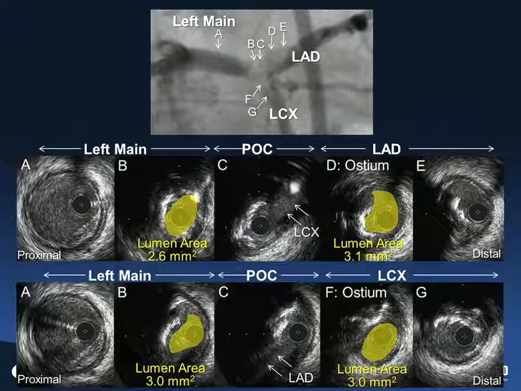Because IVUS cannot make a lumen area appear to be artificially small, we always use the smaller of the 2 measurements.